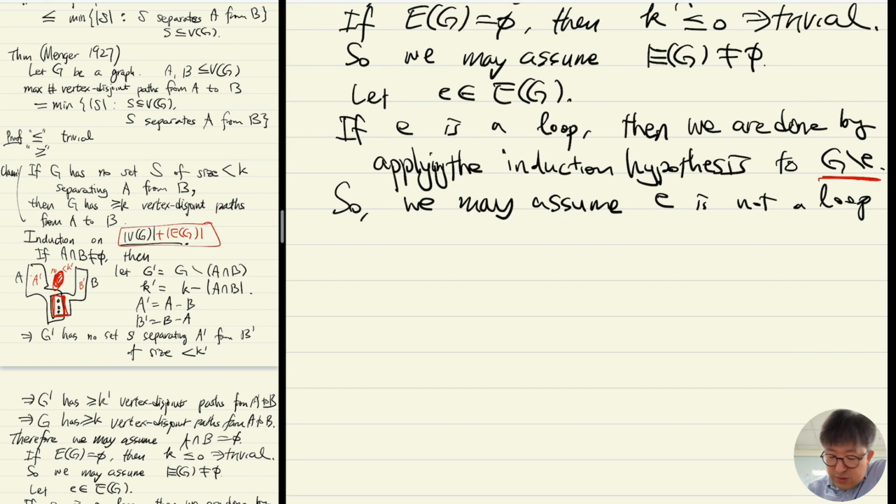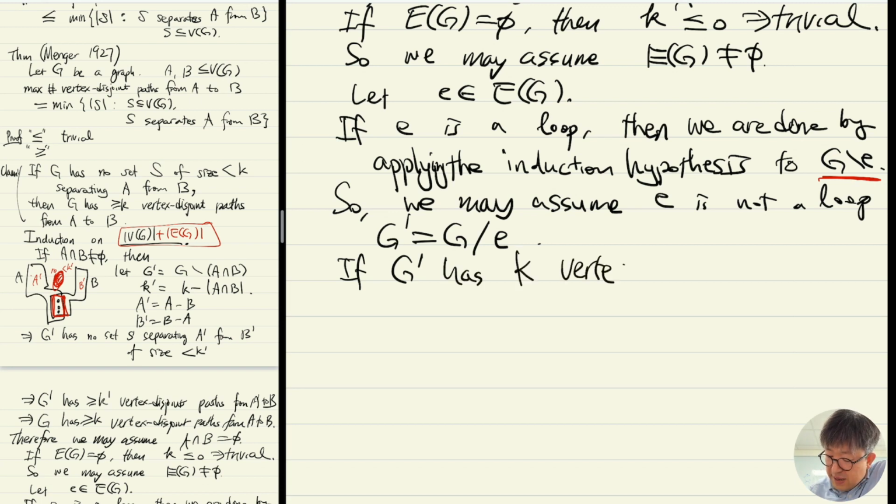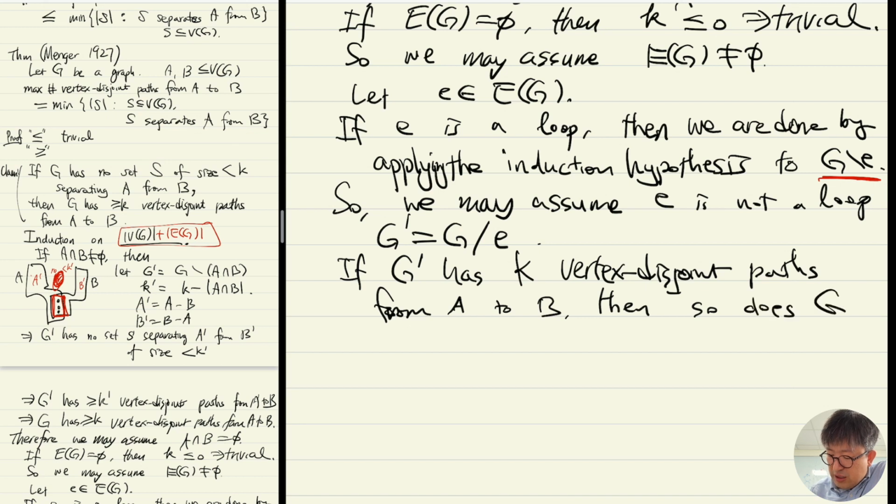Now, what are we going to do? Well, let's contract E and see what happens. So if G prime has K vertex disjoint paths from A to B, then so does G, right?